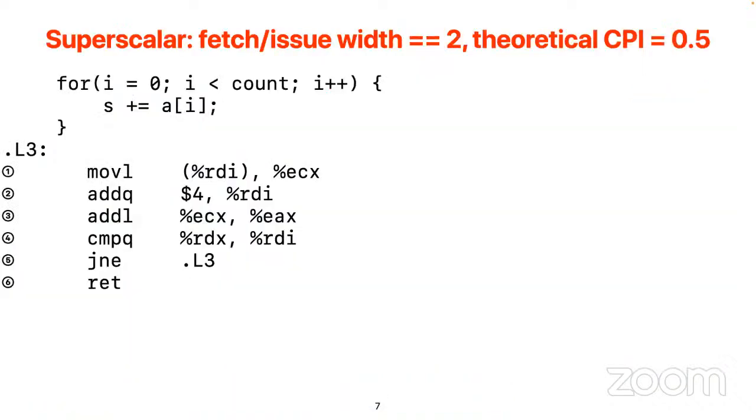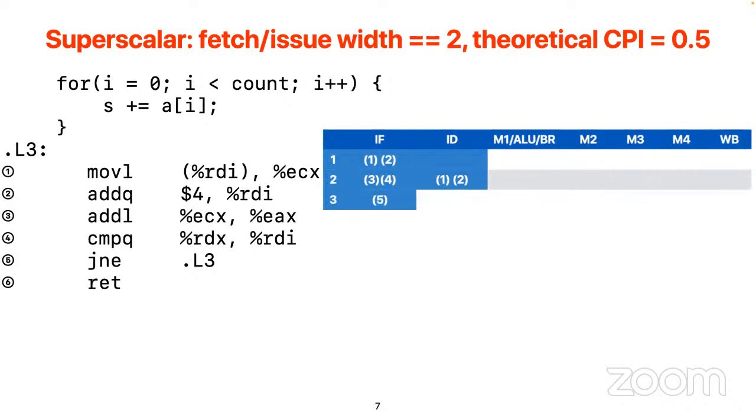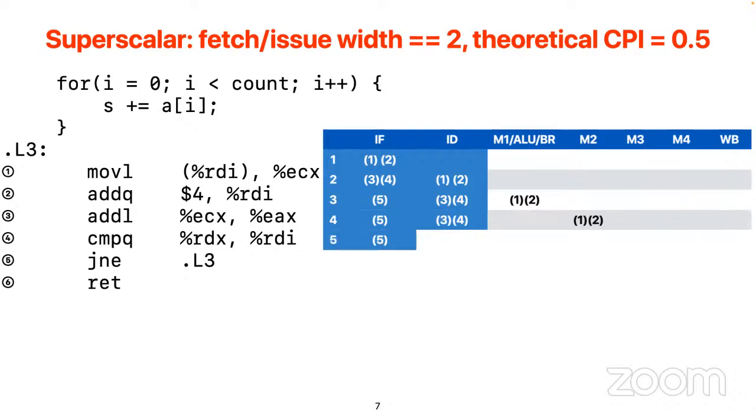So with superscalar, we are so happy that, okay, what if we try this piece of code, which is a loop, right? And in the last lecture, we looked at this loop and figured out that even with superscalar, it still takes a lot of time. And in many cases, we are just wasting our hardware resource, right?